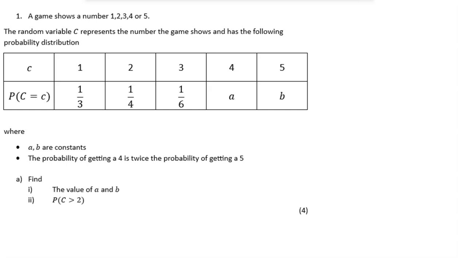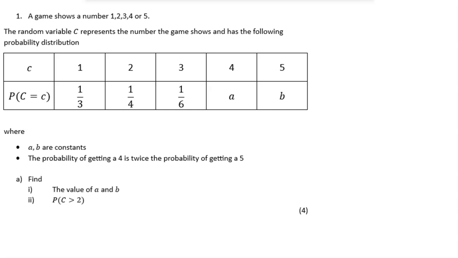So we've got here a game shows a number 1, 2, 3, 4 or 5. Maybe not the most exciting game you've ever heard of, but the random variable C represents the number the game shows and has the following probability distribution. Okay, so the game's going to pop up either 1, 2, 3, 4 or 5, and it's got all of these assigned probabilities. So this is what the probability of capital C equaling little c means.